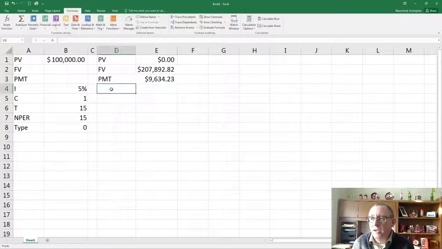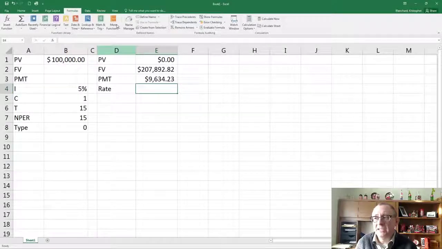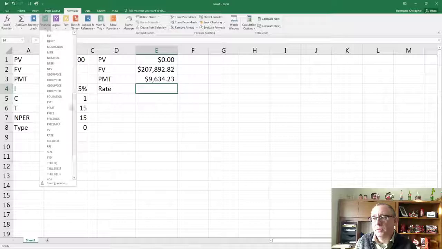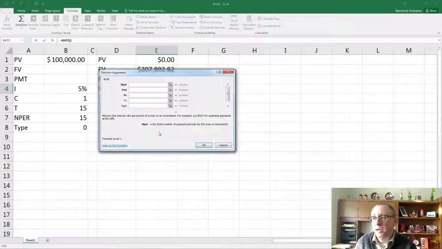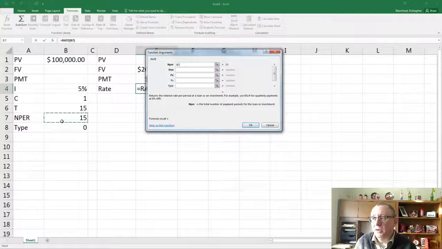Okay. Now, there are times where maybe you just need to know what your rate is. We'll do rate because that's actually the formula. We come up here and we will come until we find the rate. There we go, rate. Now, rate's a little different because you are starting with the NPER. So you do have the NPER.